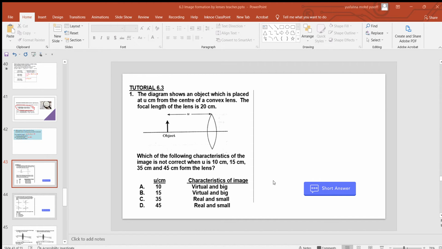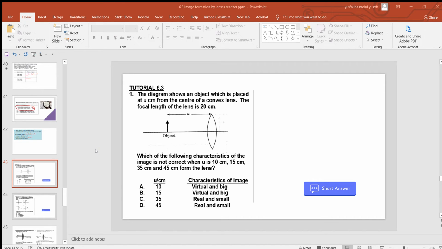This is the experiment setup. You need a power supply and a bulb, and you put it inside the box. As you notice, there is a triangle here, which will be the object, and within the triangle there is a wire, so later we will see what type of image is formed.